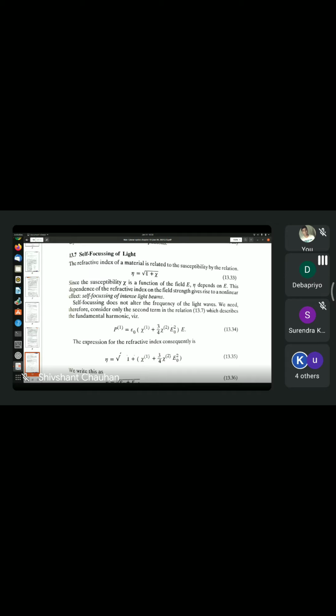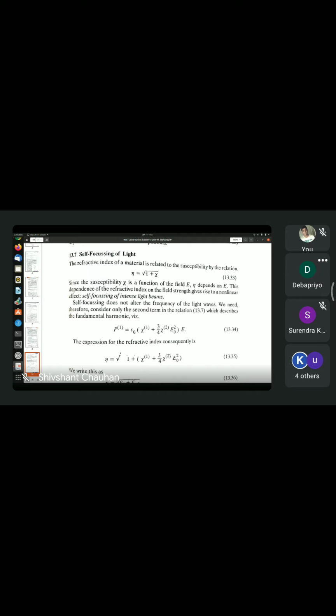But with lasers, you now have another peculiar thing arising out of nonlinear response. What is this? Let's see what happens when a very strong beam of light passes through a medium. This medium has to be a nonlinear medium. That means the quantities chi2, chi3, etc. come into play in the response characteristics of such media.